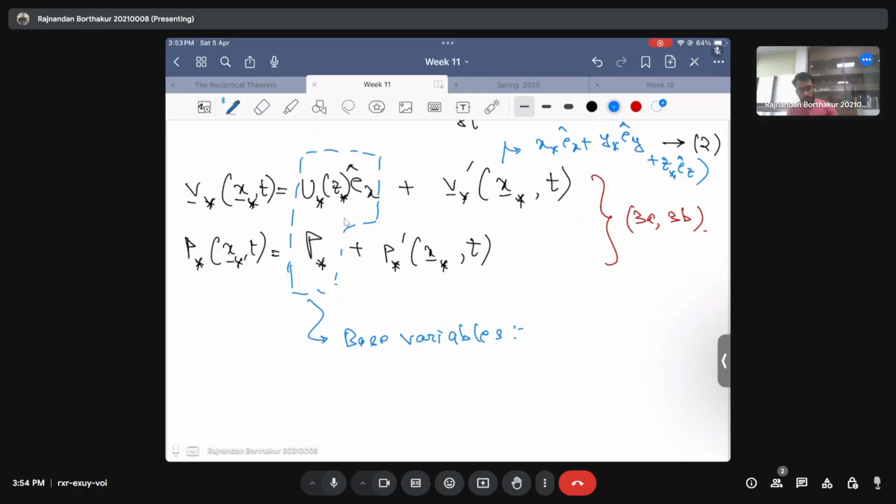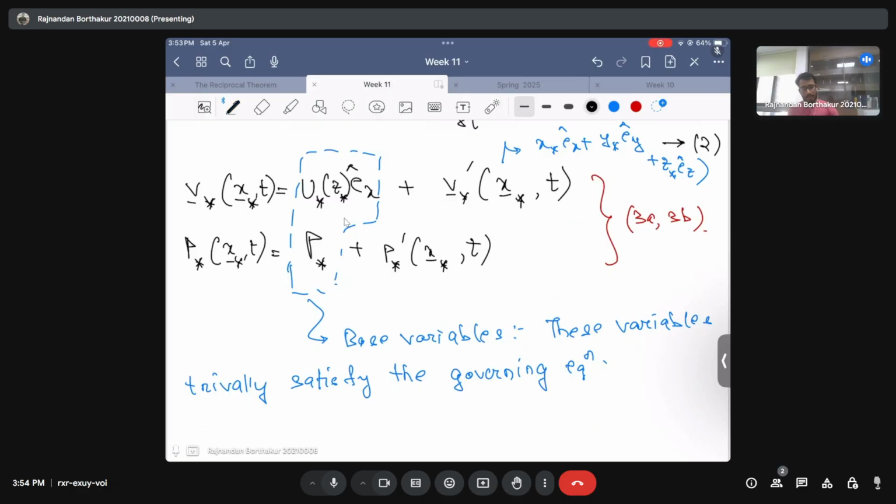So what I propose is that these base variables trivially satisfy the governing equation. How is that?